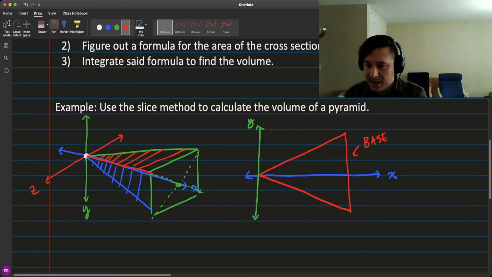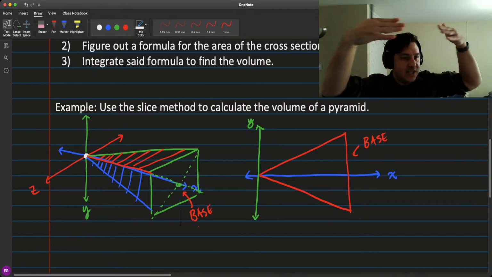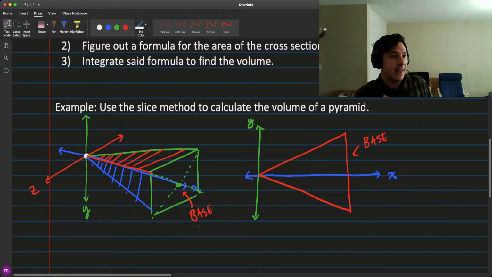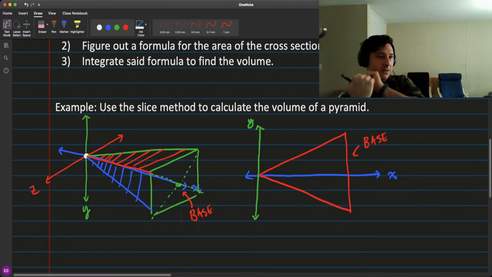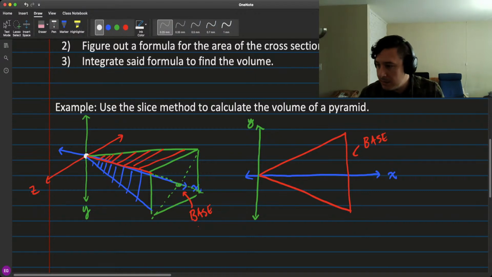You can see that the base is that thing. But in the 3D view, you see it as a cross section. In the 2D view, you just see it as a line, right? Because you're not seeing how it's like this. Okay, so that makes sense, the equivalence of these two things. So all your little cross sections would be like this.